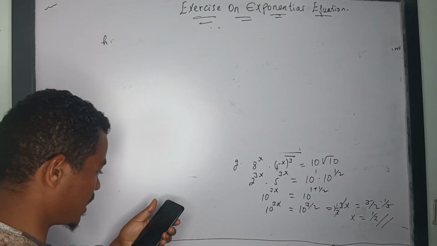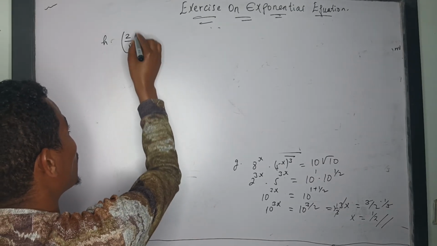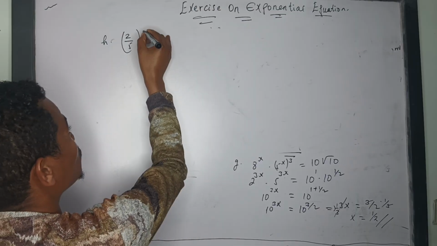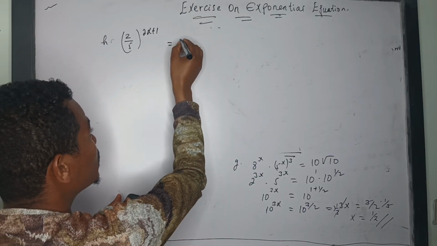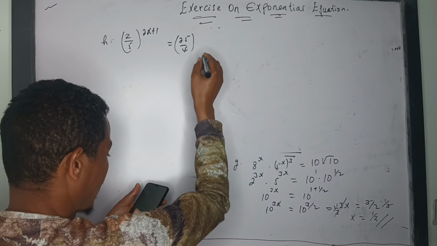Okay, 2 over 5 the power of 2x plus 1 is equal to 25 over 4 the power of x plus 2.